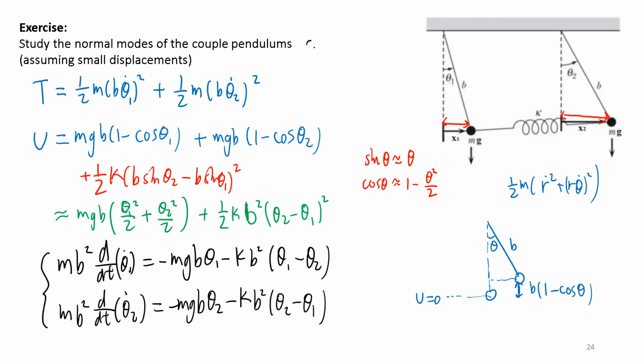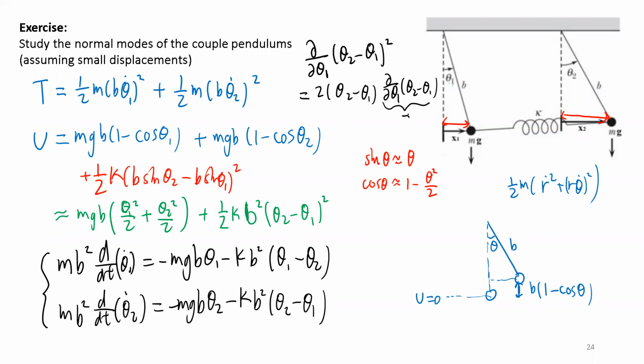Because when you do this, what you have is 2 times (theta 2 minus theta 1), and you pick up a minus sign over here.